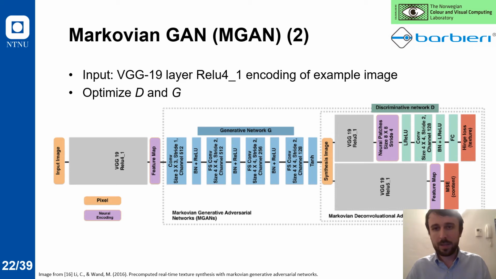The discriminative network D, in the green layer here on top, is the discriminator, and it learns to distinguish actual feature patches from inappropriately synthesized ones, and it extracts a texture loss term.